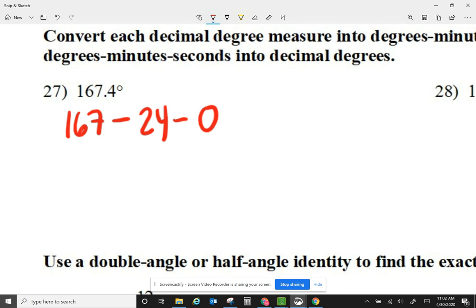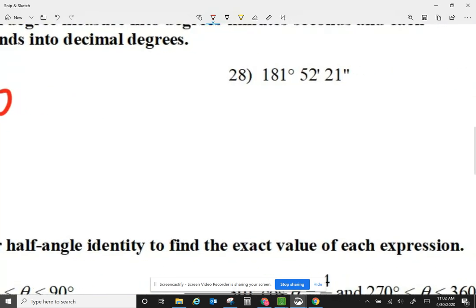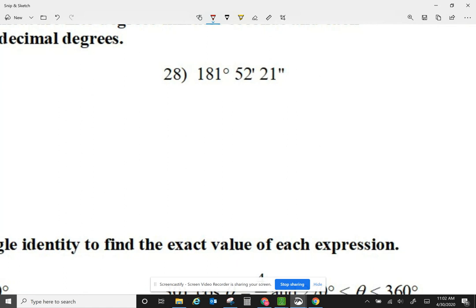to get the seconds. Now going backwards, I'm going to start at 21. 21 divided by 60 gives me 0.35. So let me write my steps. 21 divided by 60 gave me 0.35.